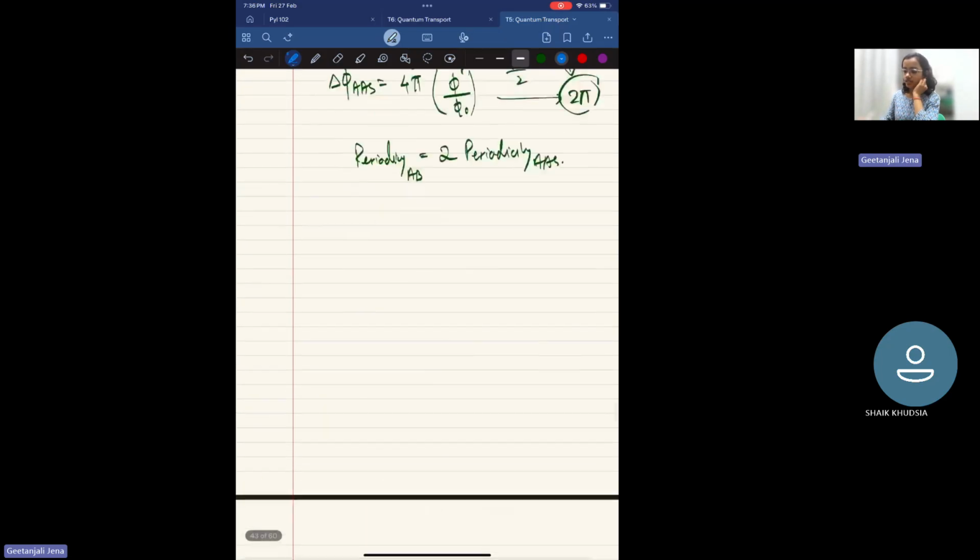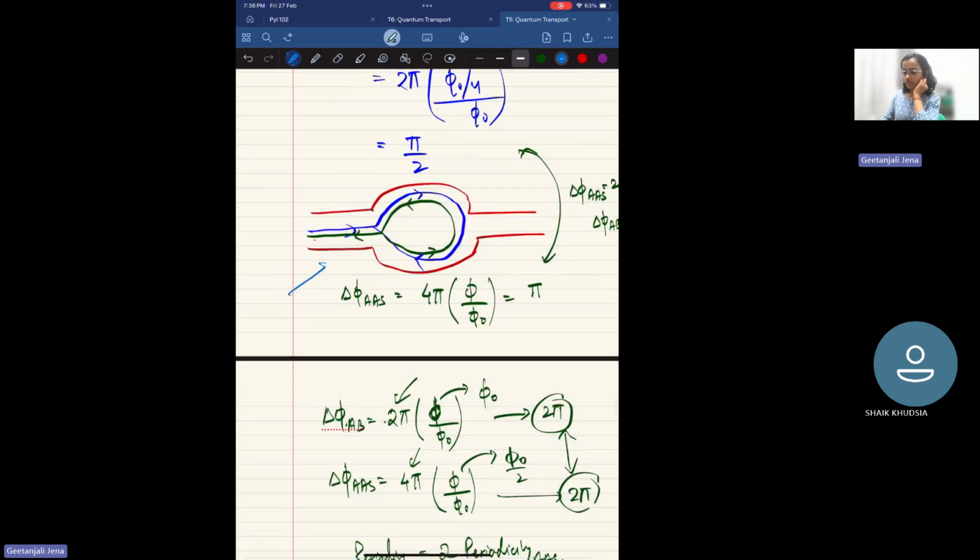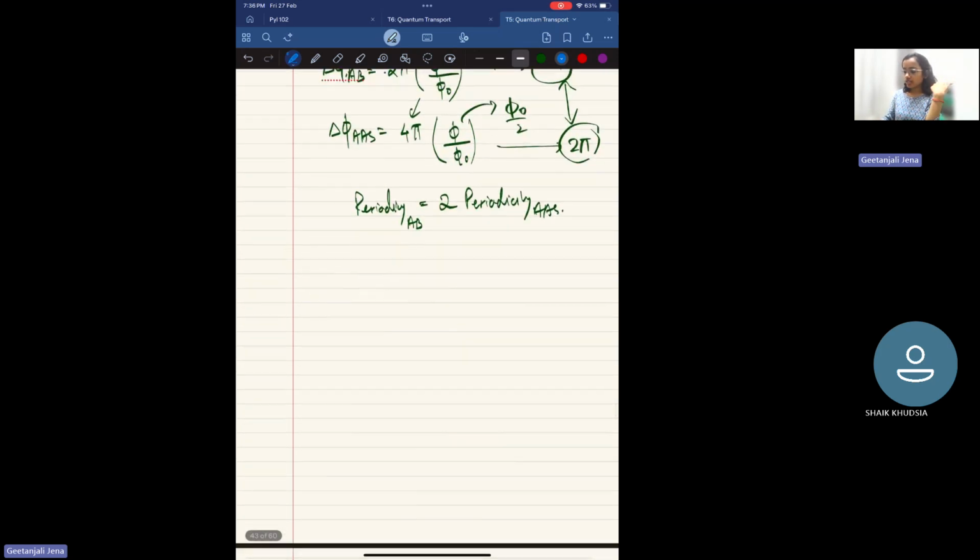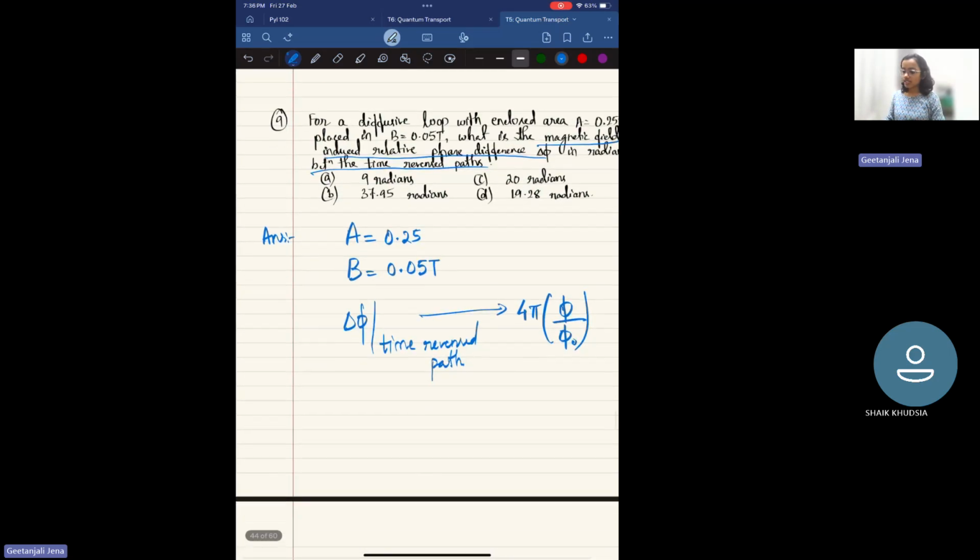This we have seen in the AAS effect. So this is nothing but the phase difference between the time reverse paths, one clockwise and the other anti-clockwise. So in this case also we get the same relation, 4 pi phi by phi 0. Phi 0, if we recall, is the flux quantum, given by h by e.